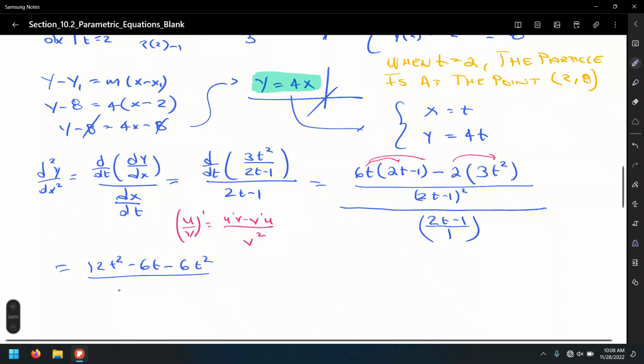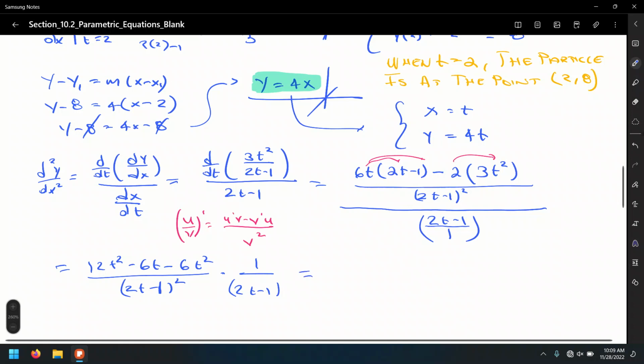I'm going to leave this 2t minus 1 quantity squared times 1 over 2t minus 1 just to the first power. I'm going to put parentheses around it, and then put it together with the denominator in the first fraction here.